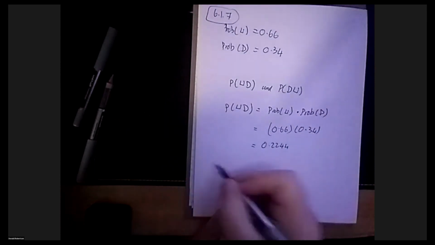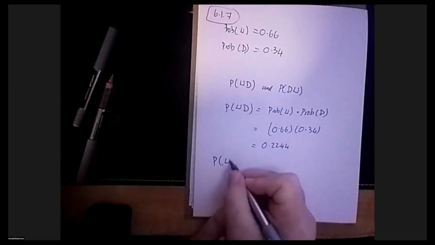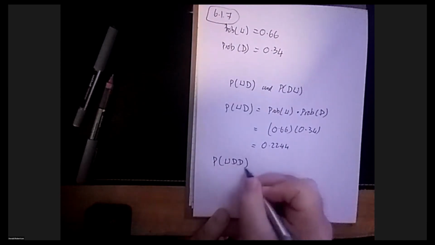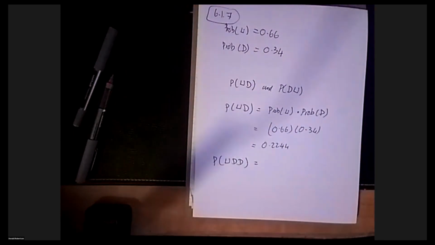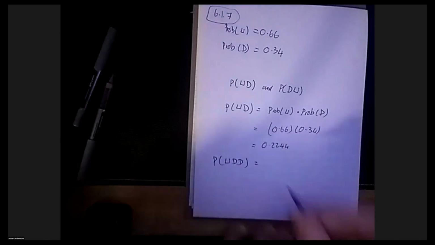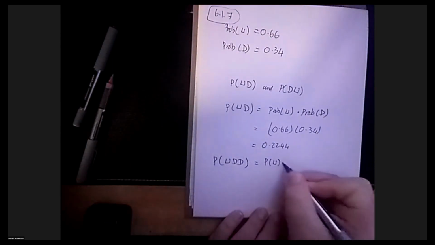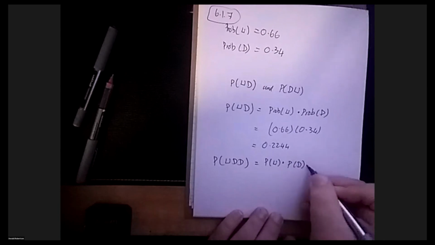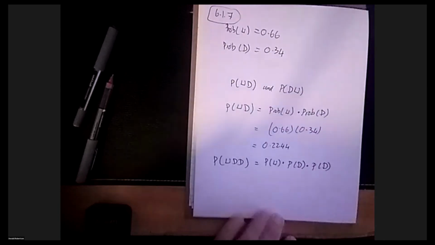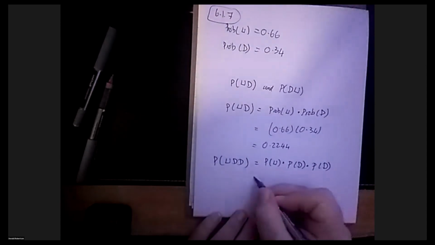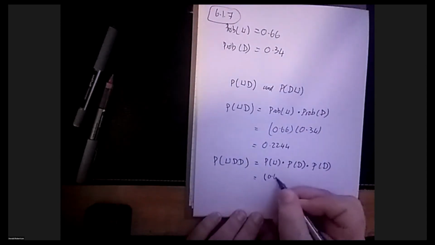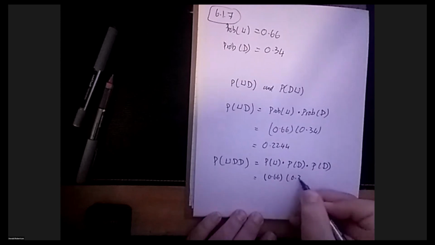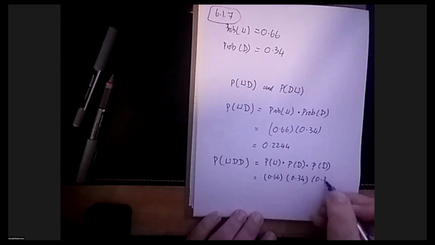Just to finish, I'll do one that's not in that list. Suppose you threw the tack 3 times and you wanted to know the probability that you end up with the pattern: an up, then down, and then lastly down again. Well, that is an up times a down times a down, right? We can use that multiplication trick. The up is 0.66, this is 0.34, and finally this is 0.34.